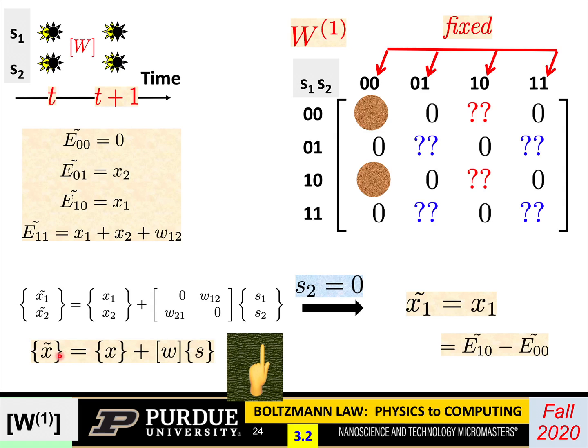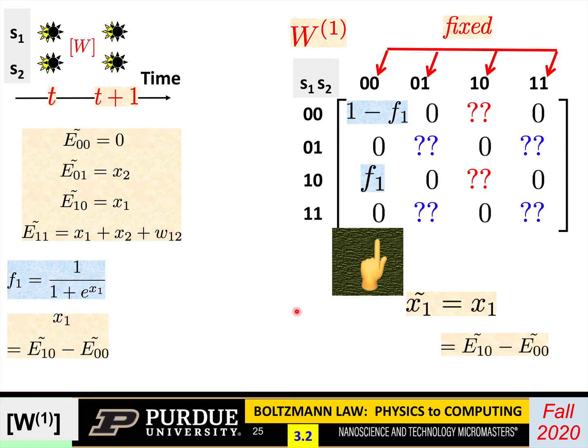Remember that another way of getting it for these linear synapses or quadratic energies is to find the x from this expression, from the bias term and the weight term. And if you do that and set S2 equal to 0, you'll get the same answer. But for our problem, it's much more convenient to work with the energies.